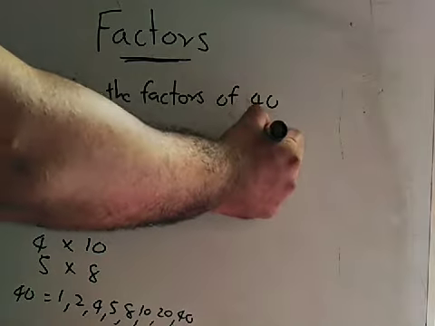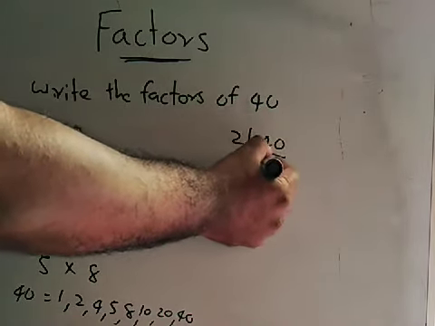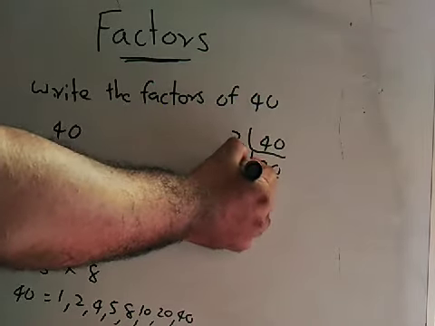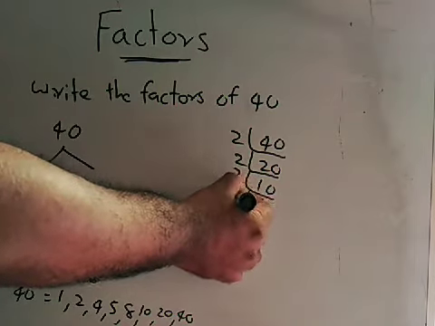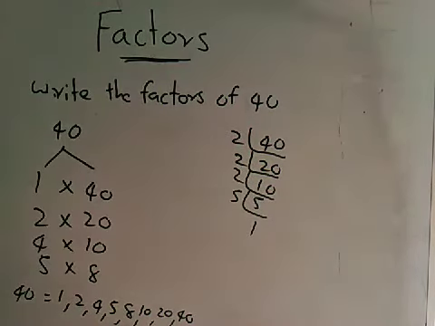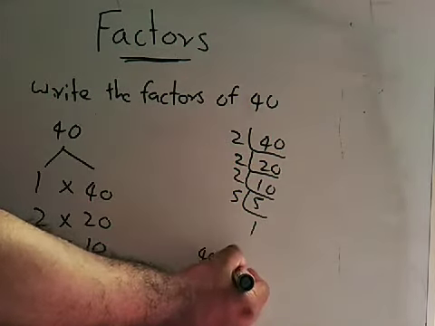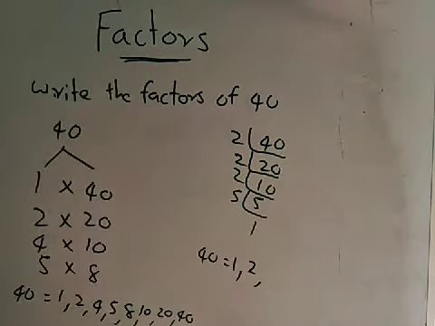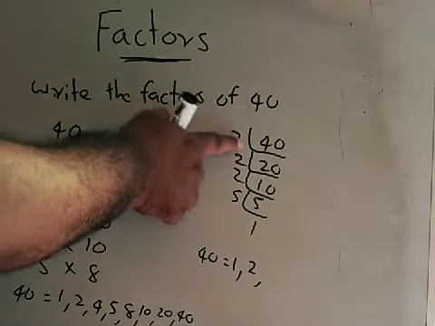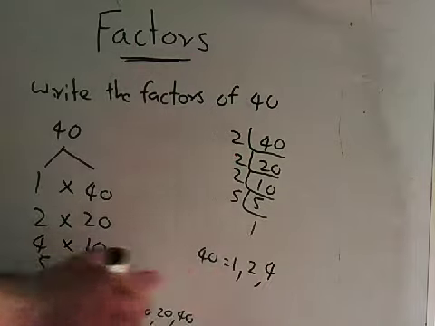The second method is the division method. 40 divided by 2 is 20. 20 divided by 2 is 10. 10 divided by 2 is 5. 5 divided by 5 is 1. Now to make 40, look at this. 1 is there, and also 2. Can you see 4? 4 is not written here, but 2 into 2 is 4, so 4 is a factor.